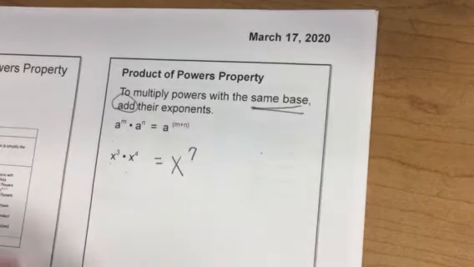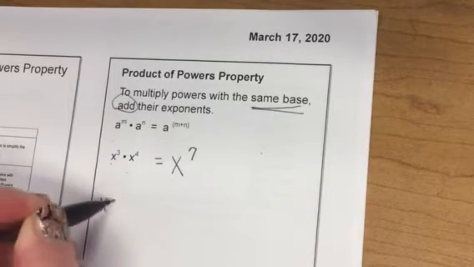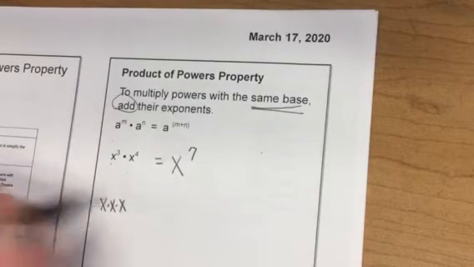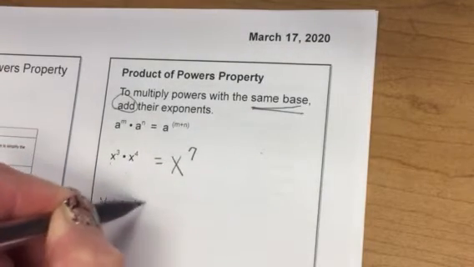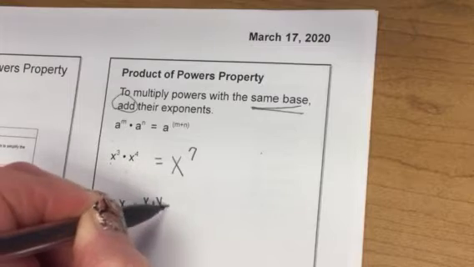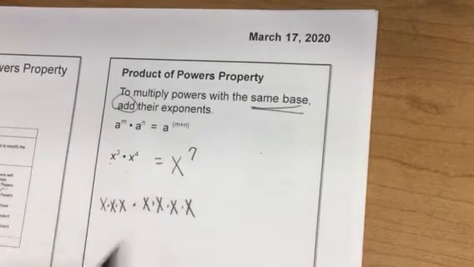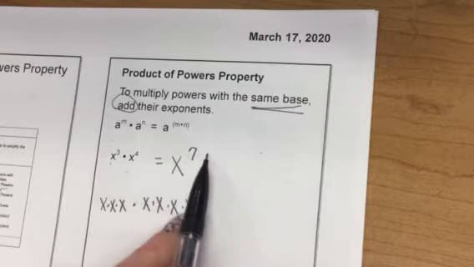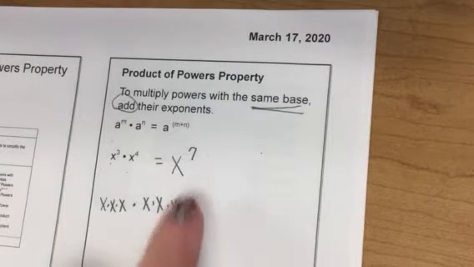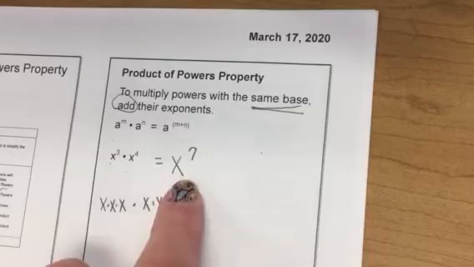We can prove that because x to the third is x times x times x, and x to the fourth is 4 factors of x. Together I have 7 factors of x, x to the 7th power. There's my shortcut: just add the exponents.